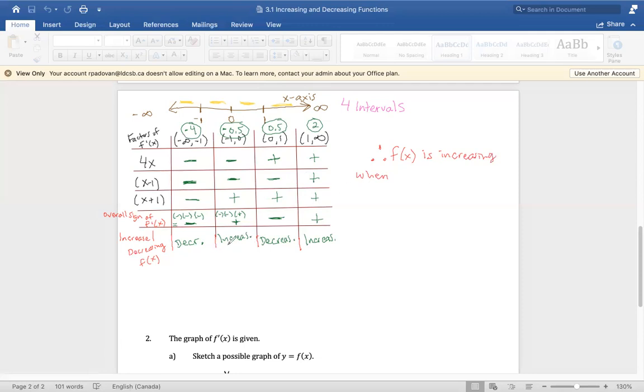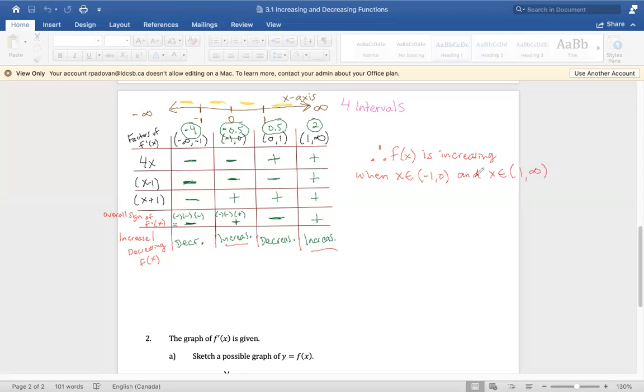So the function is increasing when I'm in this interval between -1 and 0, and this interval between 1 and infinity, right? So what I could say is the function is increasing when x belongs to the interval between -1 and 0, and x belongs to the interval between 1 and infinity.